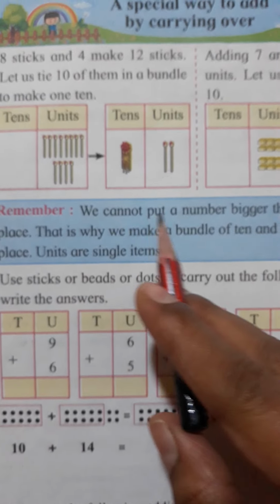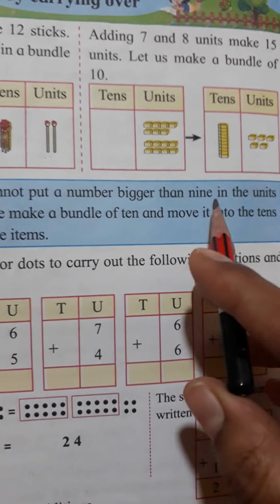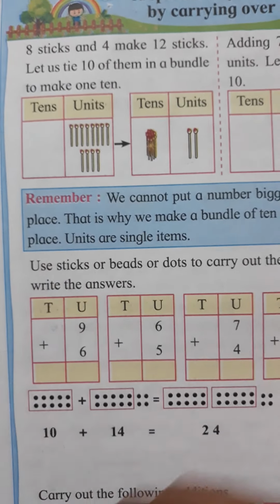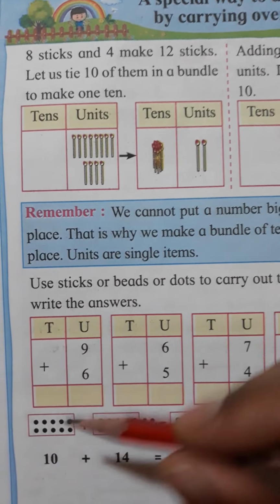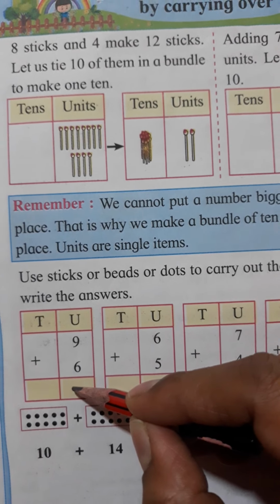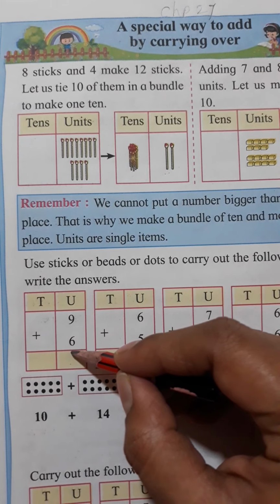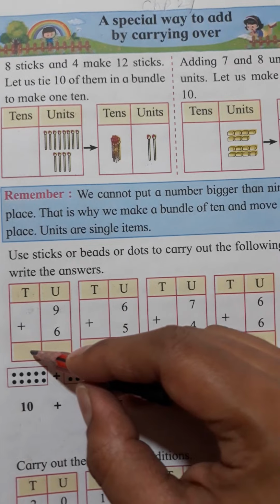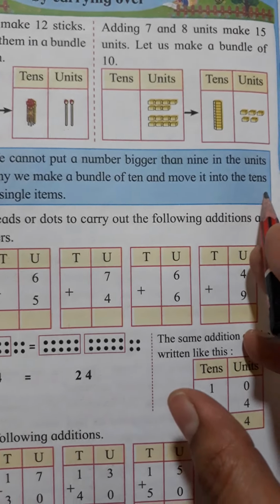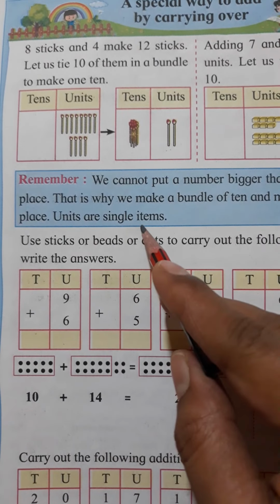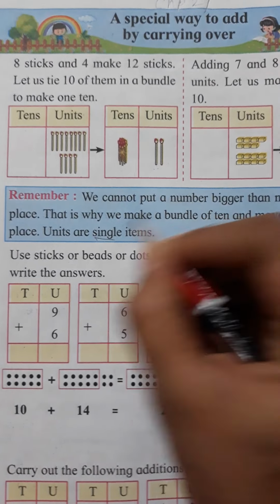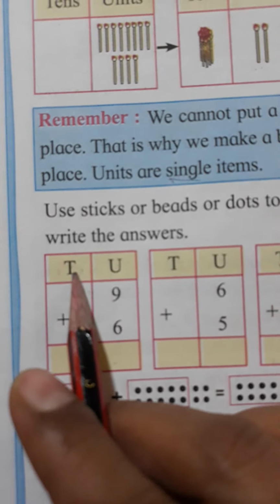So we cannot put a number bigger than 9 in the unit place. Understood, students? We cannot put a number bigger than 9 in the unit place. That is why we make a bundle of 10 and move it into the tens place here. Units are single items. Look. Now look. Tens and units.